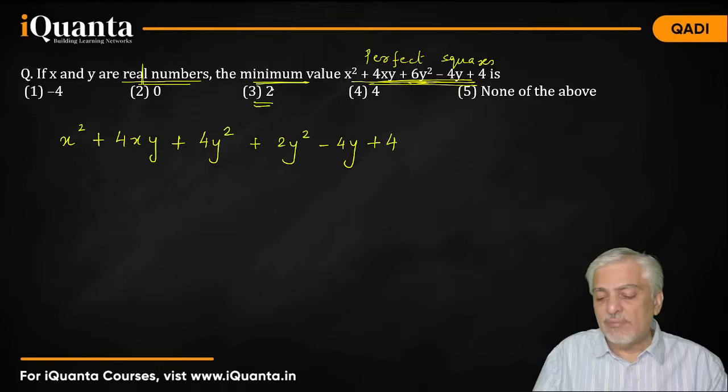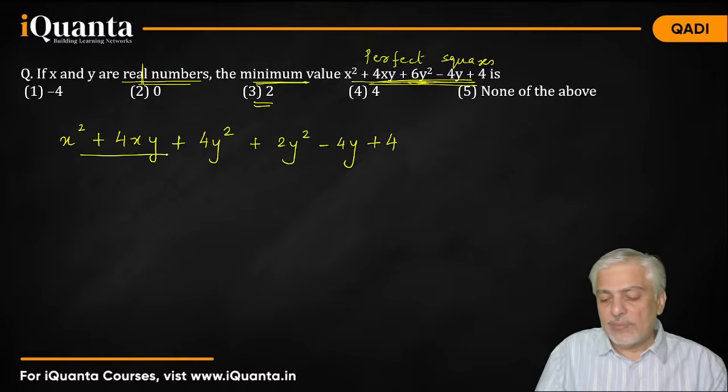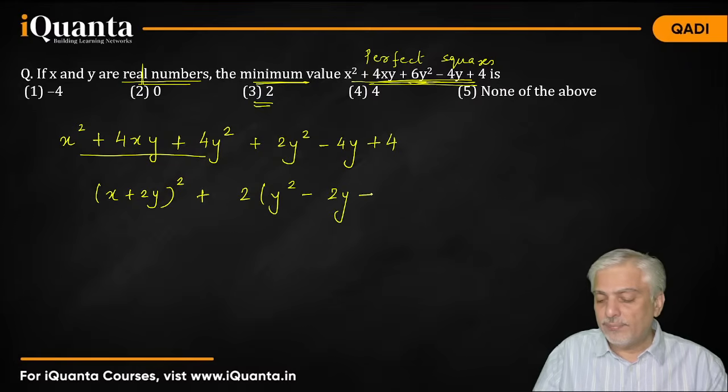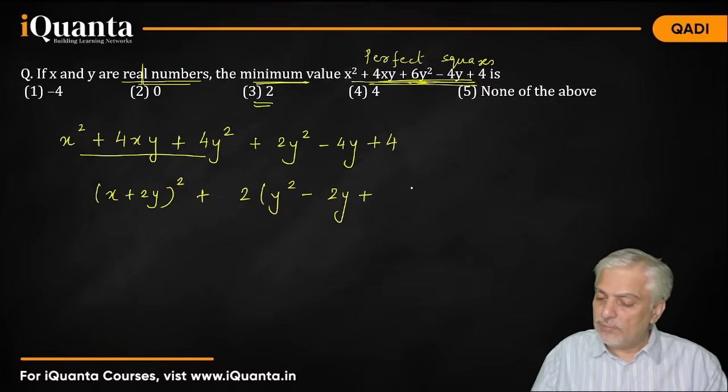Remember, we need the minimum value. So this becomes x plus 2y the whole square. And if I take a 2 common over here, I'll get y square minus 2y plus 2.